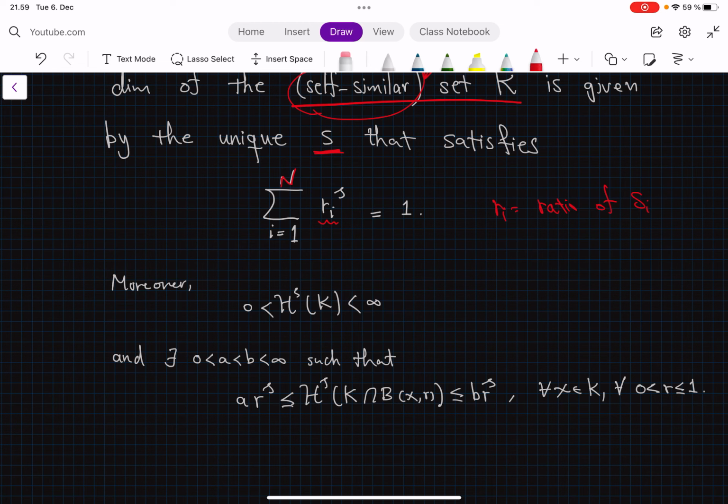So this is saying that if you place a ball of radius r centered inside your self-similar set, then the H^S measure of the part of K that lies within that is basically like r to power s, up to some constants which do not depend on the point x or the radius r. So again, this is a very desirable condition for Hausdorff measure of sets.